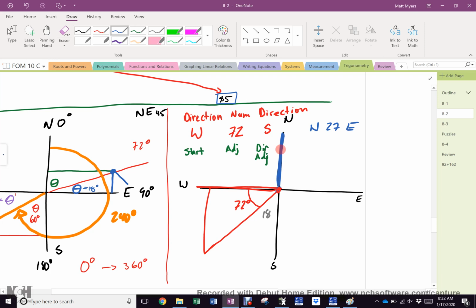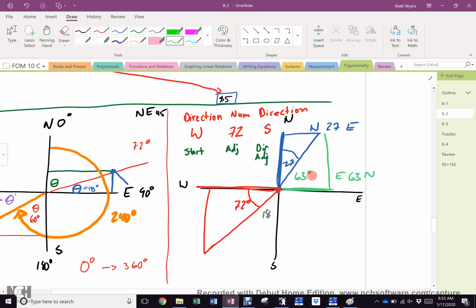To the right. So there is the 27. There's my line. If that's 27, what's this? 63. Now, isn't this east 63 north?